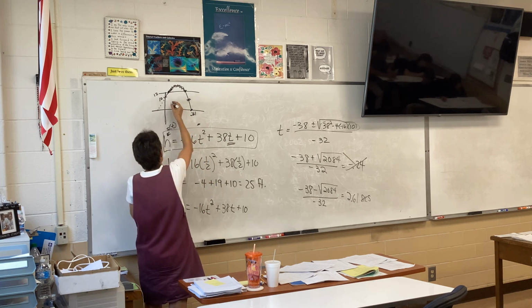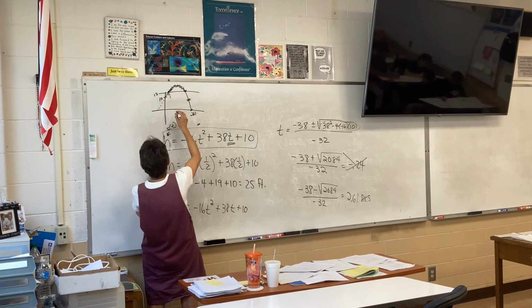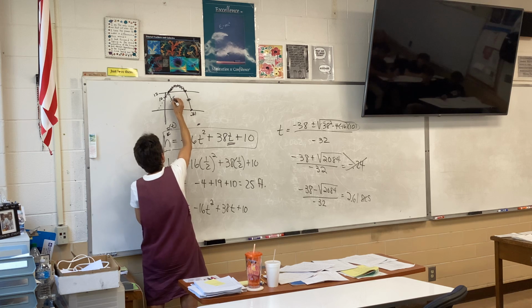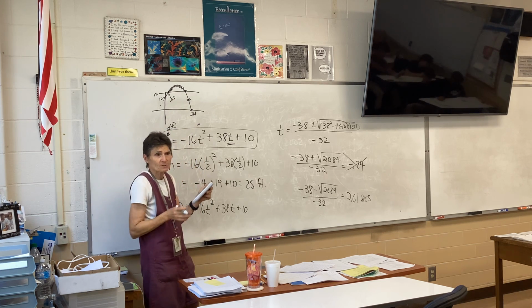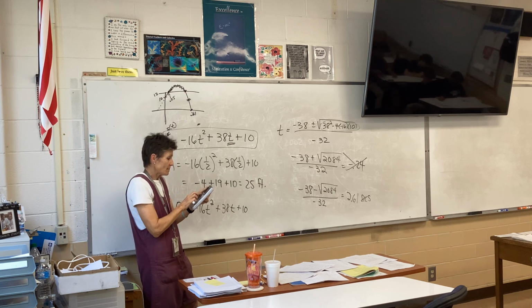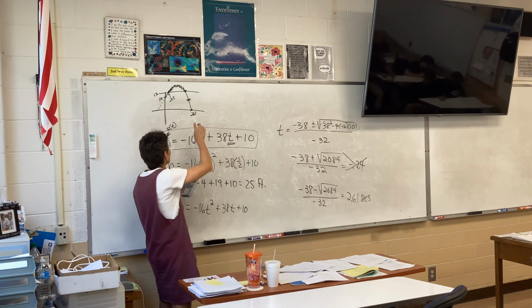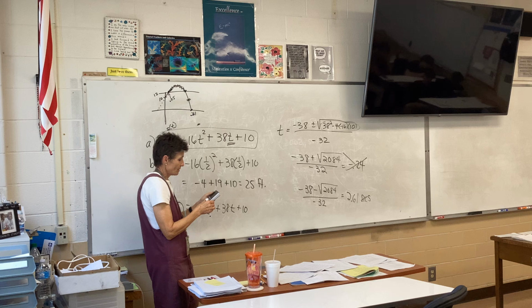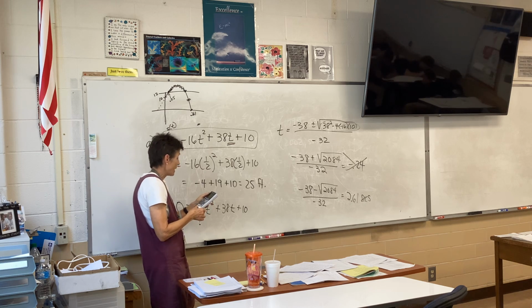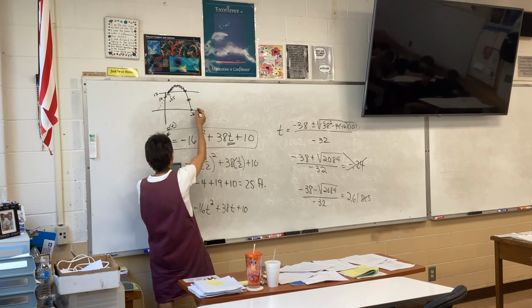So this first point I got was, oh gosh, did you get 0.05? Yeah. That's fine, I just made this problem up, so who knows, 0.05. And then start over, second, calc, intersect. And I'm gonna find this one. So there goes my cursor. There's my cursor. And that one, I got 2.32.